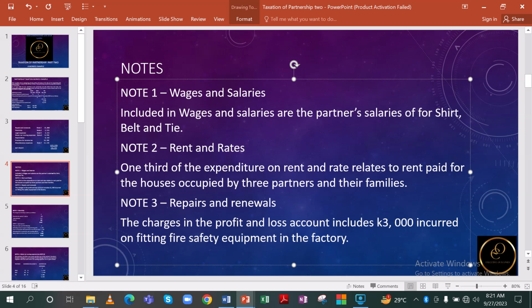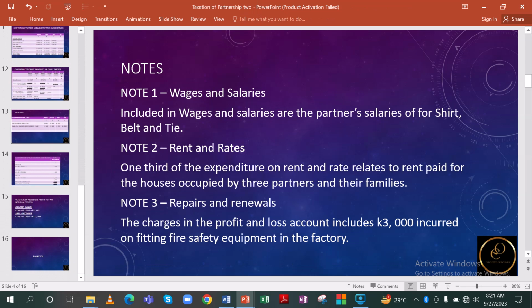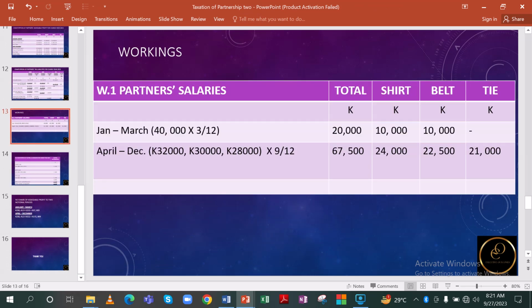So now, how do we deal with this given that these are annual figures? We look at a working relating to that, partners' salaries. So there was January to March, when the partnership ran with two partners, shirt and belt.